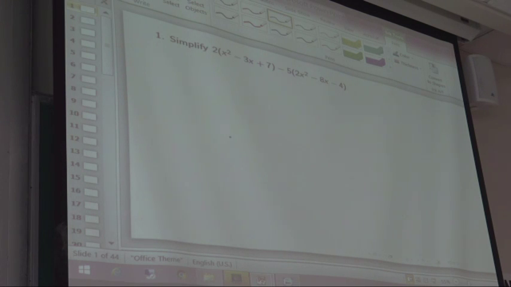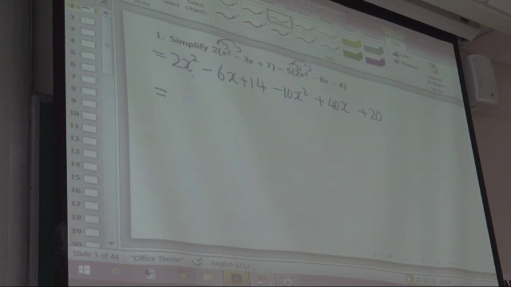Simplify is just distribute and then make it like ax squared plus bx plus something. So let's distribute the 2 and 5. Then we have 2x squared minus 6x plus 14, and minus 5 and 2, which is negative 10x squared, negative 5 and negative 8x, which is plus 40x, and negative 5 and negative 4, which is plus 20.